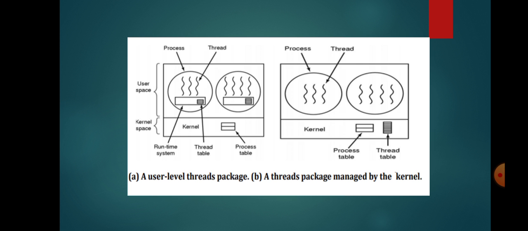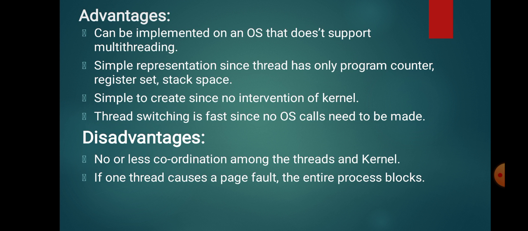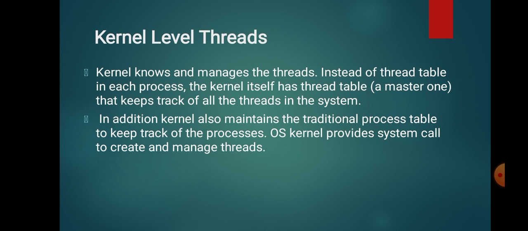Similarly, on the right side we have the kernel level thread. First I will explain kernel level threads and then I will explain the diagram. Kernel level threads means the kernel knows and manages everything about the threads.